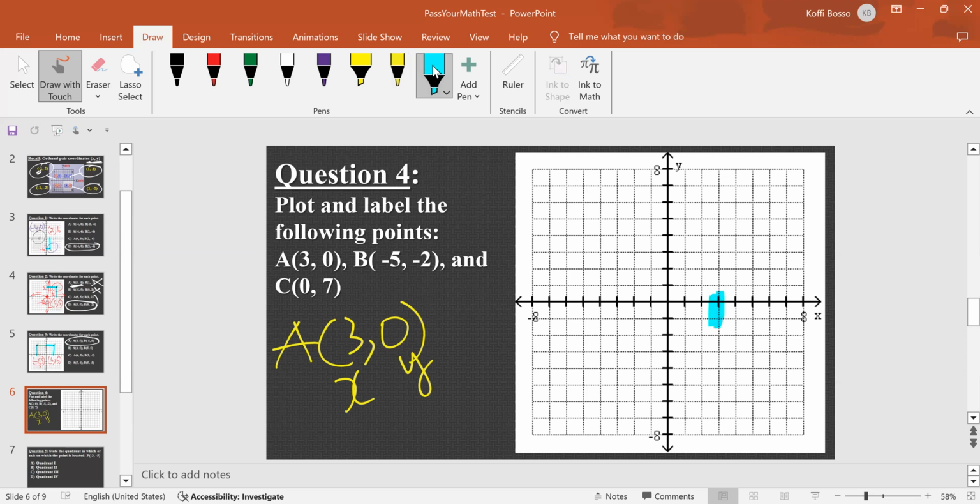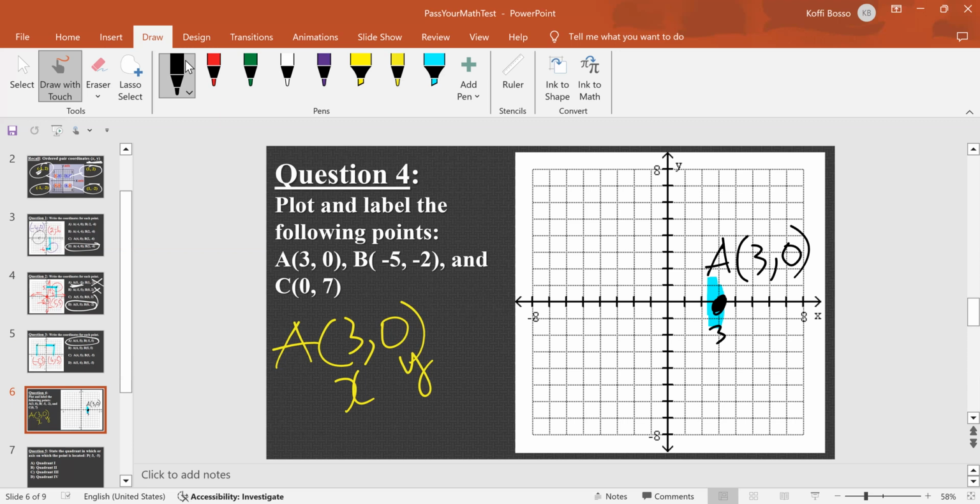So the point will be here. So that's point A, coordinate (3, 0) here. The 3 is for x and the y is 0.